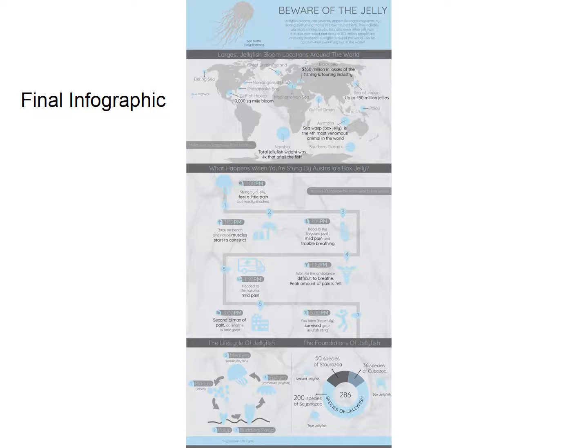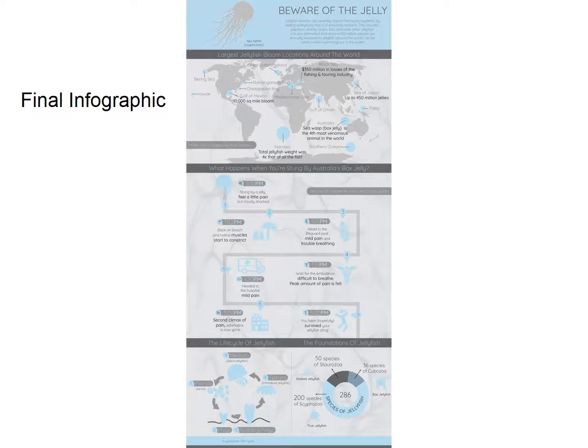So here's my final infographic, combining everything as a whole. We just went through each display one by one, in order, and now we're connecting them to tell a story of why to beware of the jelly. At the very top, I tried to include a description of how these jellyfish could interact with areas or even people and how they can be dangerous.